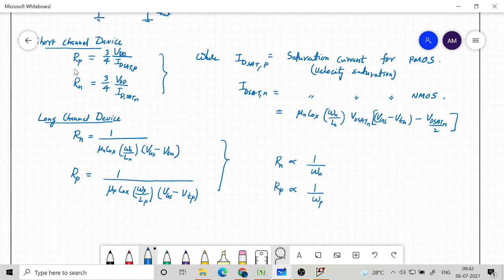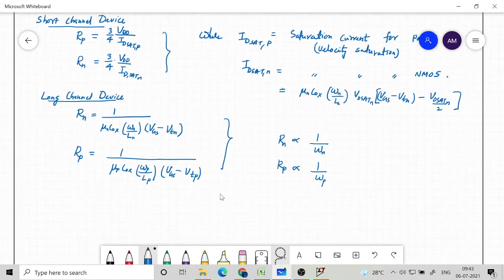In the short channel expression, IDSAT is in the denominator and IDSAT is proportional to Wn. So if you substitute, Rn is proportional to 1 by Wn. Even for a long channel device, the same thing applies: Wn is in the denominator, so Rn is proportional to 1 by Wn.